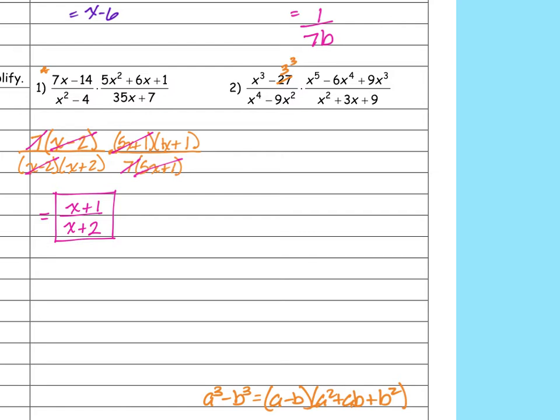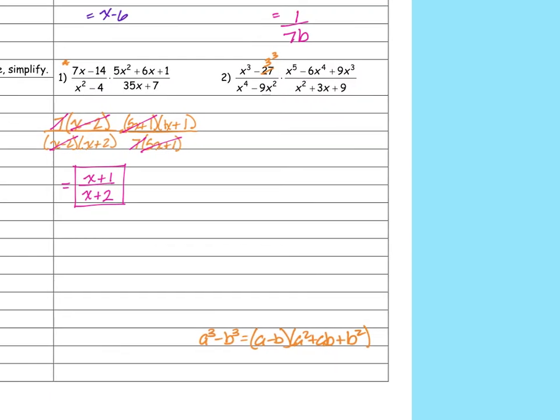So I can factor this to be x minus 3 times x squared plus 3x plus 9. And then the second one, I can factor out an x cubed, and I get x squared minus 6x plus 9.